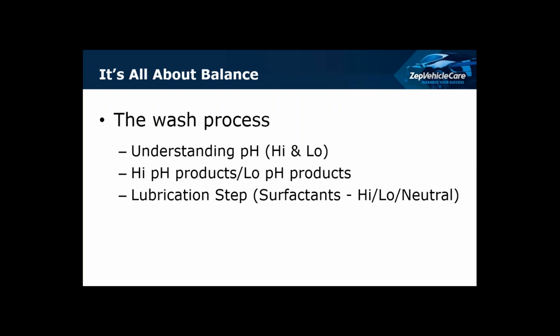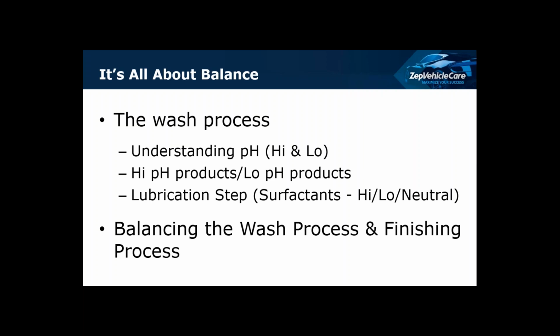A surfactant can be in a product that's either a high, low, or neutral formulation, but the surfactant itself really is a determining factor of how well your wash is going to clean and how well it's going to rinse and dry. So those are the three things in the washing process. And then also we'll talk about how the wash part balances with the finishing part to get that clean, shiny, dry car.